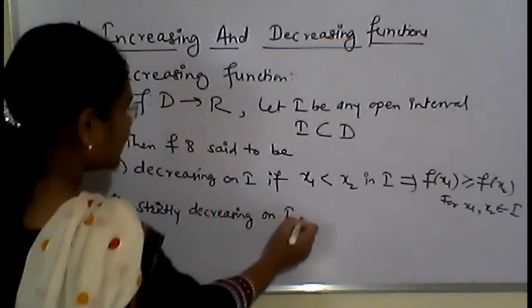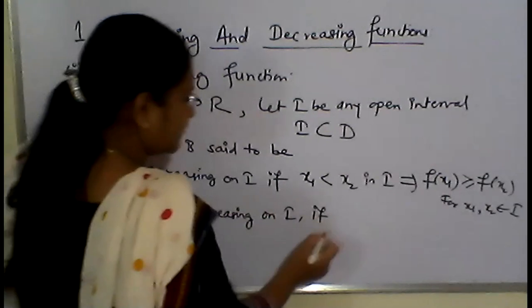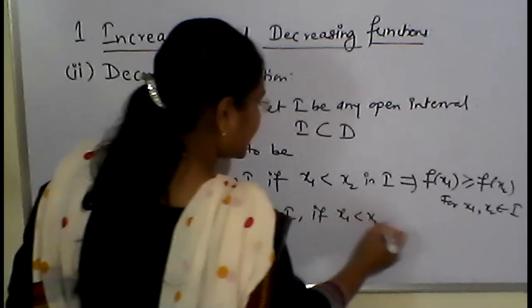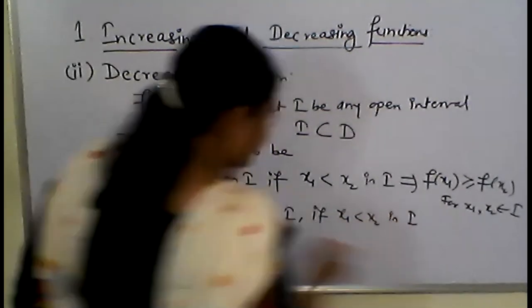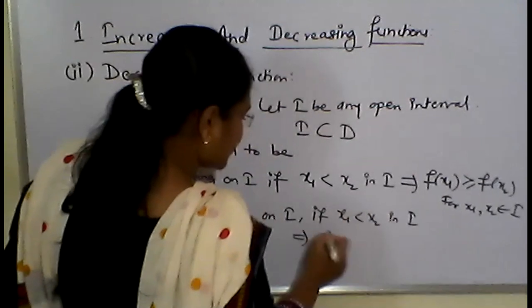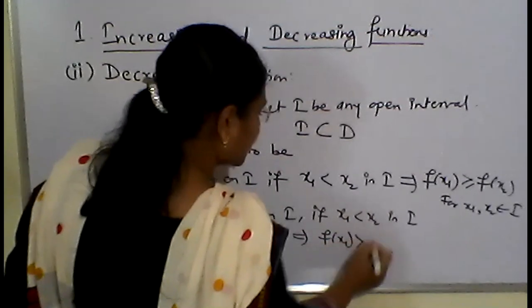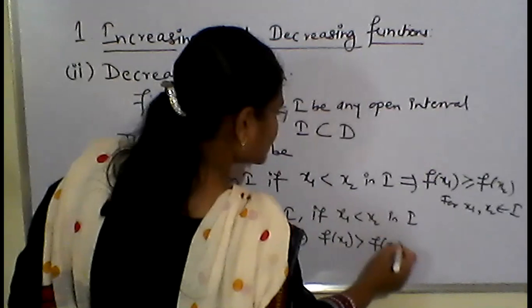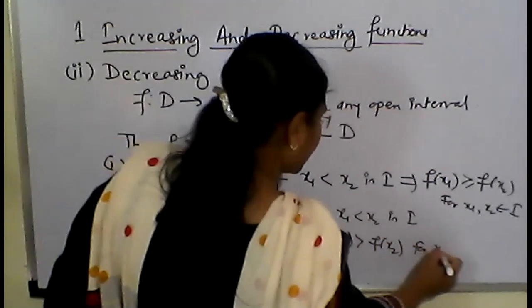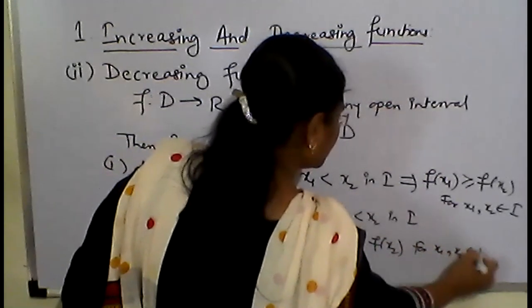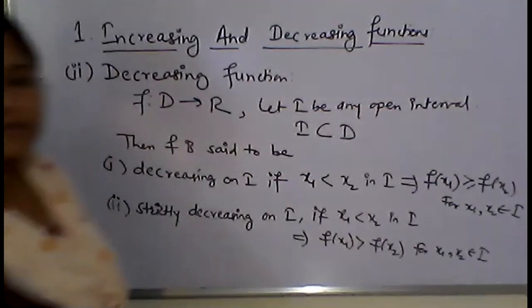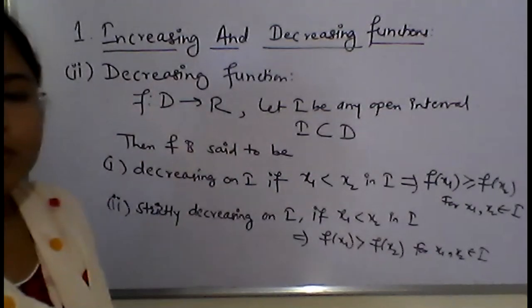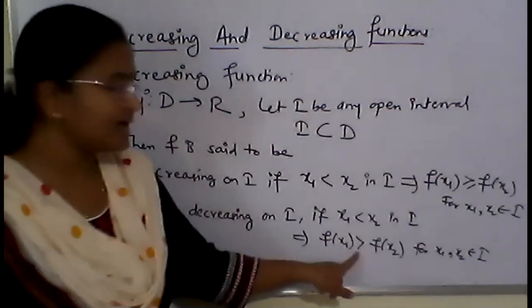Next, f is said to be strictly decreasing on I if x1 less than x2 in I implies f of x1 is strictly greater than f of x2, for x1, x2 belonging to I. So if it is strictly, then we will not take the equal sign.